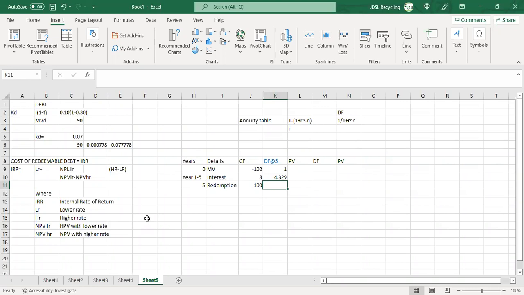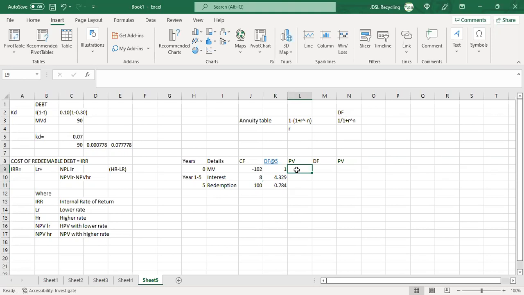One divided by 1.05 raised to power 5. Figure it out, please. 0.7835, that is 0.784.